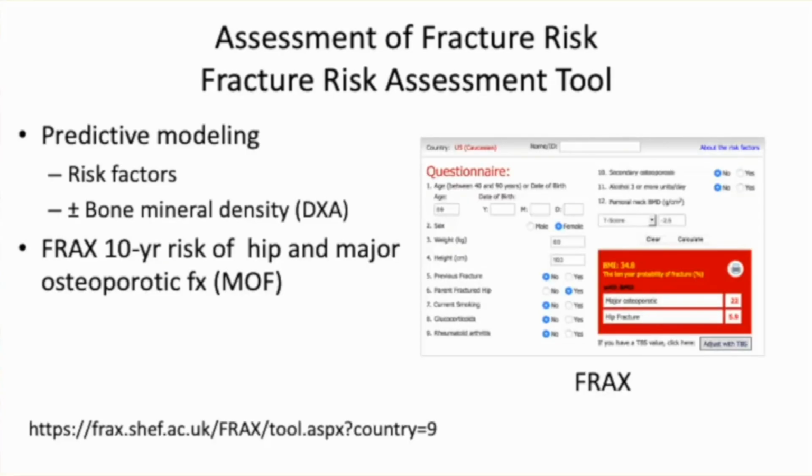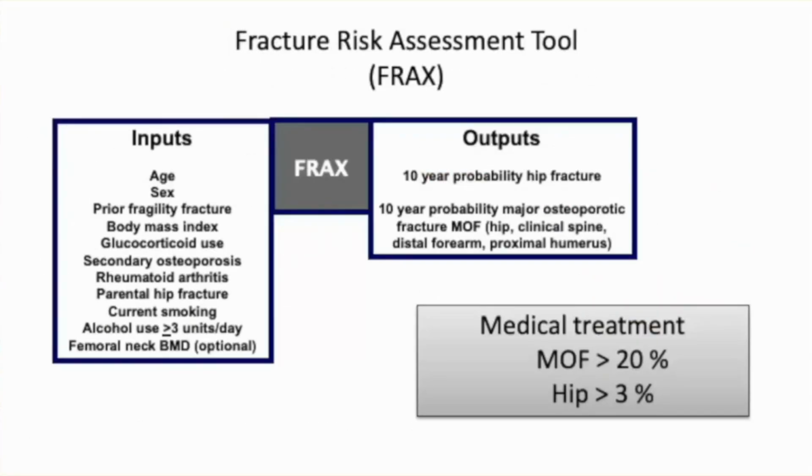And the output is a 10-year risk of a hip and major osteoporotic fracture. Just to go over this again, you have inputs, which are the risk factors and demographic factors. It goes into a black box we call FRAX, and the outputs are these 10-year probabilities of hip fracture and major osteoporotic fracture, which includes hip, spine, forearm, and proximal humerus.